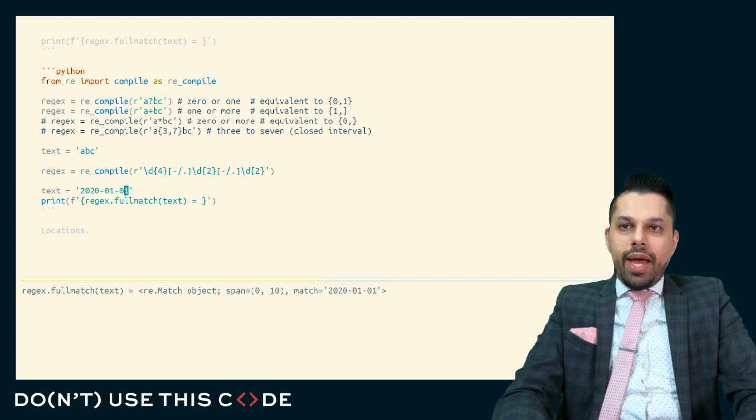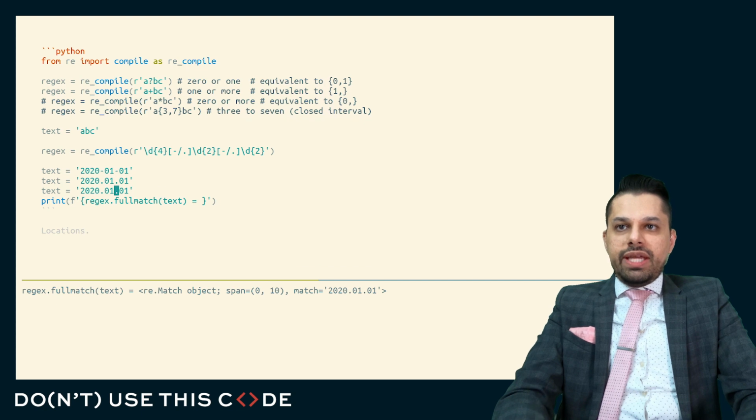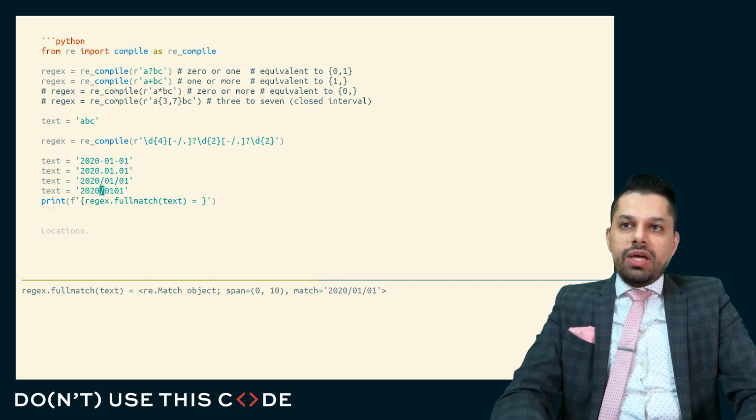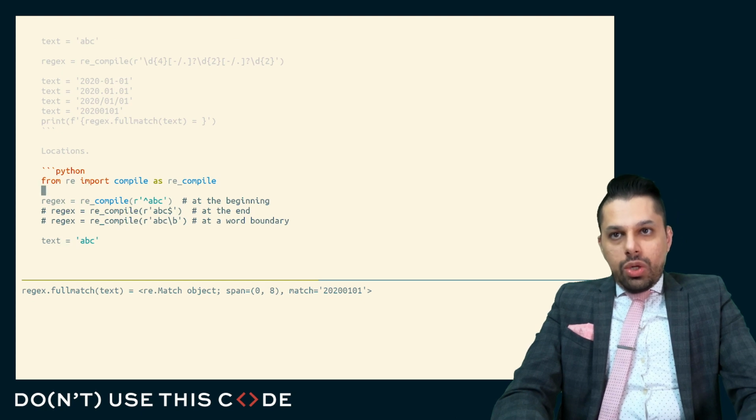So it'll match this date format, this date format, and this date format. And if I really wanted to, I could quantify these separators and say they are optional, 0 or 1. Then it will even match if somebody doesn't put in a separator. It's pretty useful.